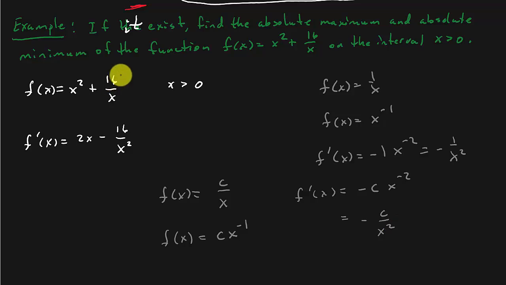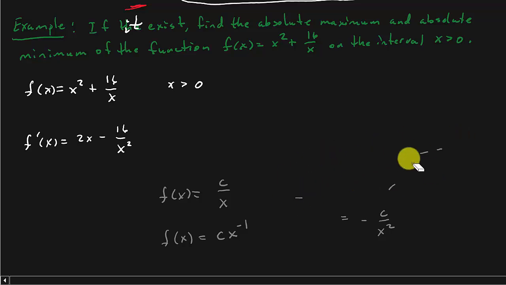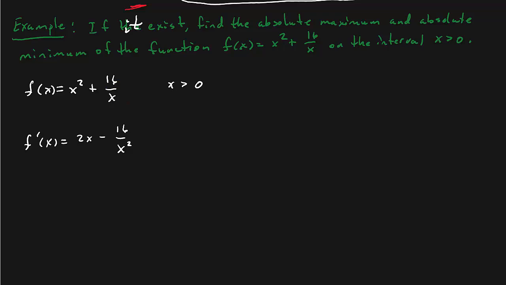If you're taking the derivative of some number over x, then it's minus that number over x squared. See? So just remember that, and it'll keep you from having to go to the side like I did here. And if you don't remember that the derivative of 16 over x is negative 16 over x squared, just go off to the side and do it using the power rule.